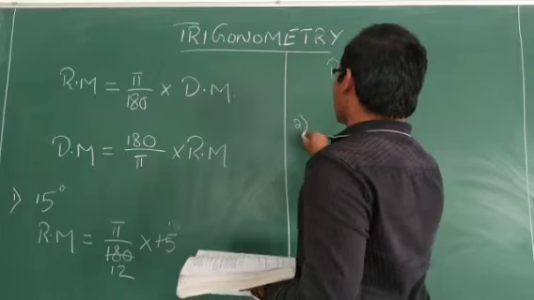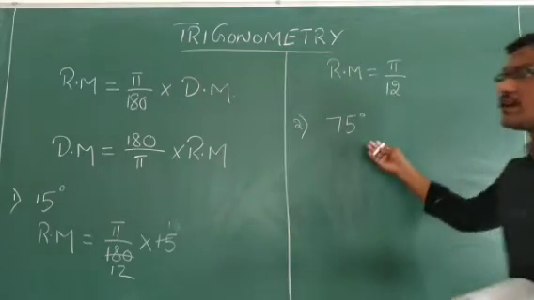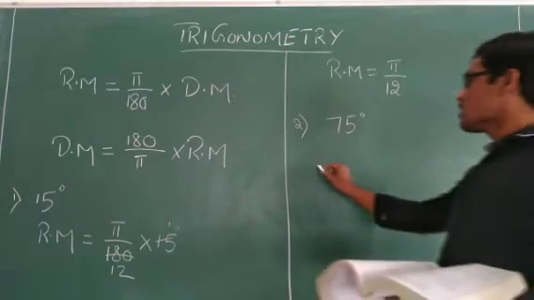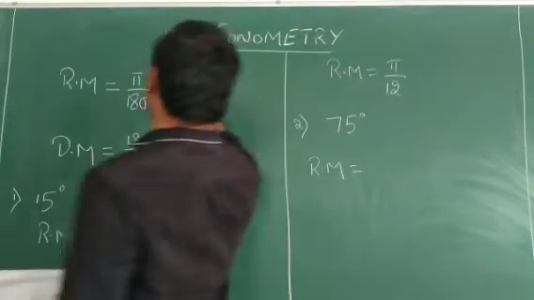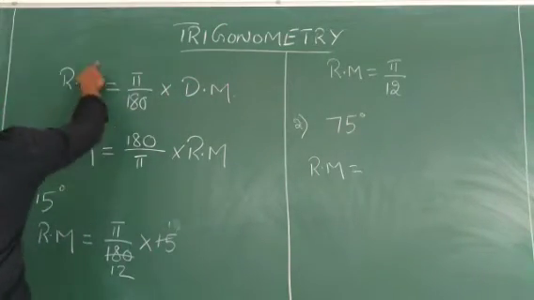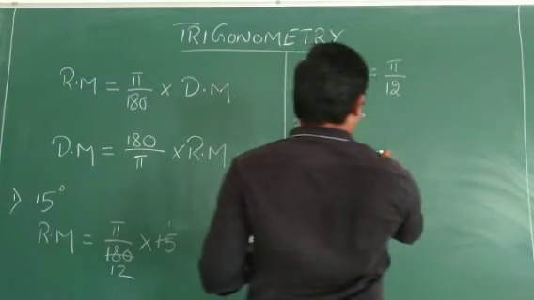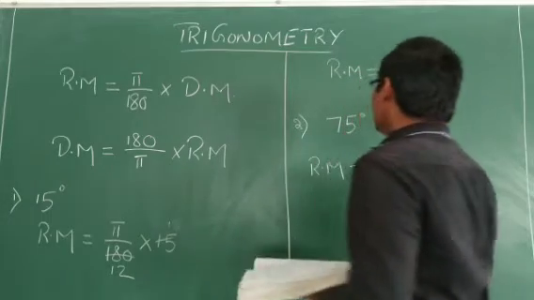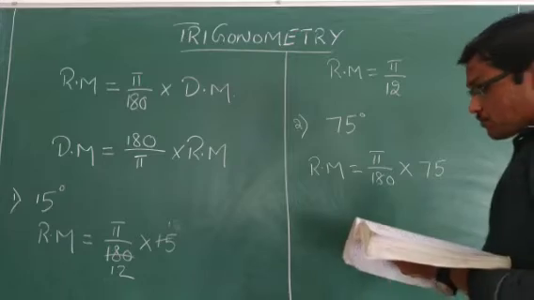If you take another problem, 75 degrees, we should convert 75 degrees into radian measure. Again, degrees is given and we want radian measure. So radian measure is equal to pi by 180 into degrees, that is 75.